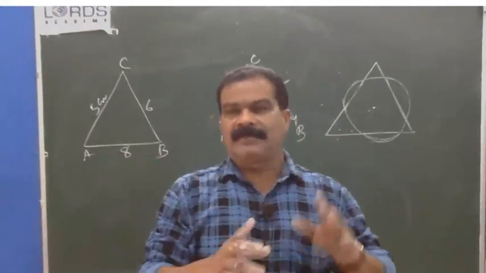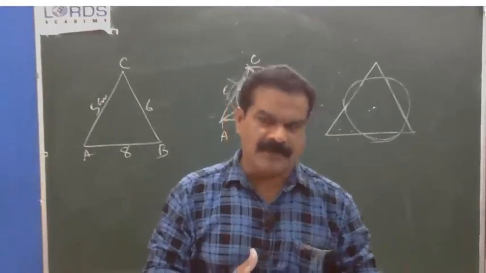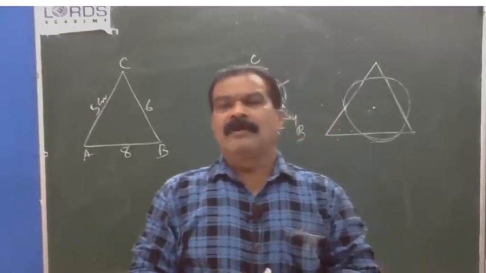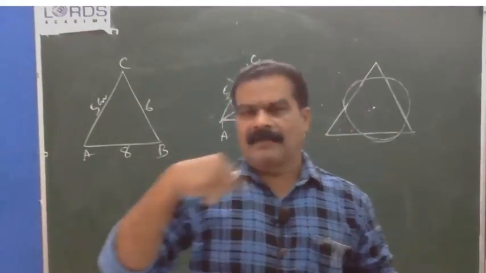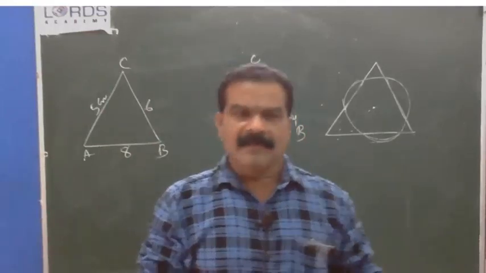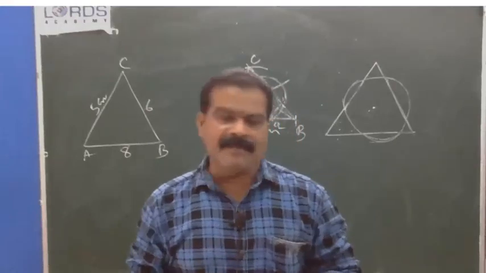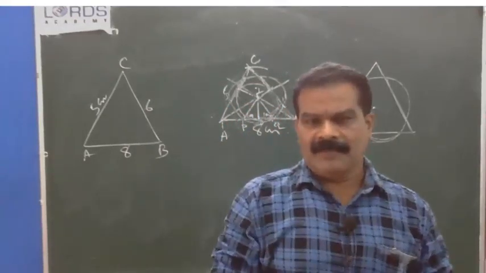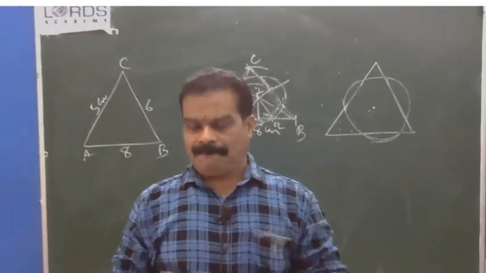This is very important. You should also construct a regular hexagon, and draw the incircle and circumcircle of the regular hexagon. Similarly, draw the triangle and draw its incircle and circumcircle. These are the very important questions you have to do. Okay? Thank you.